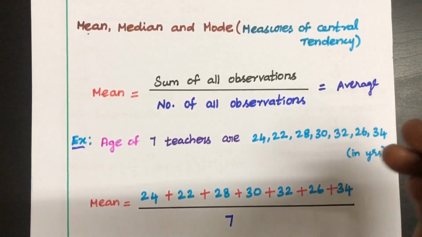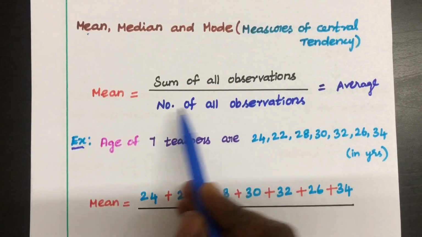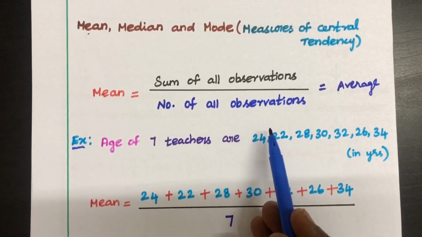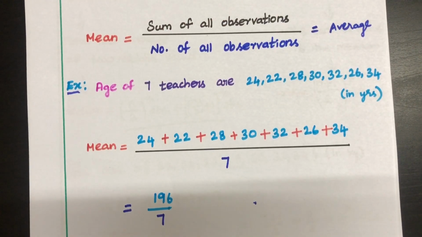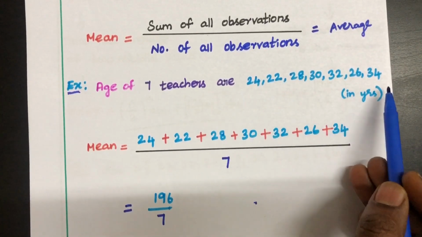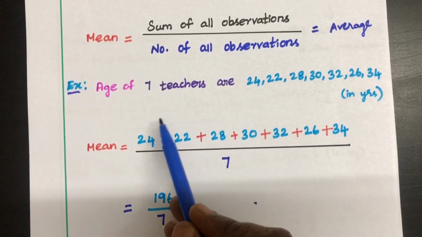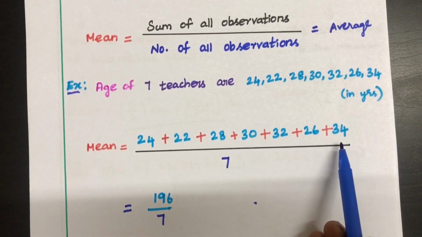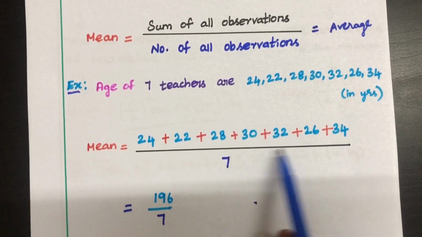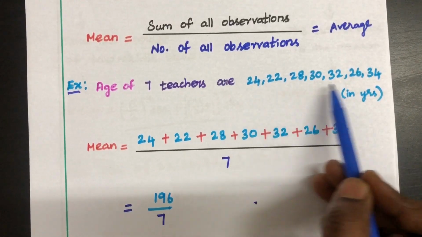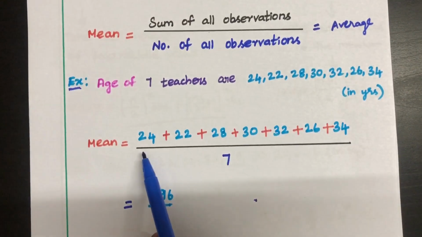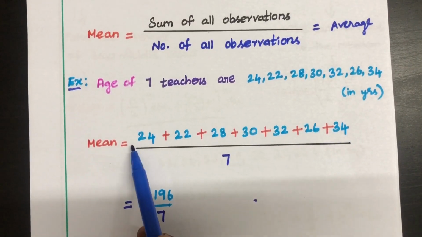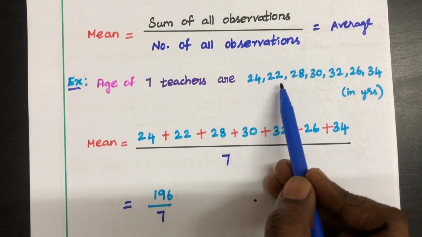We know average, right? Sum of all observations divided by the number of observations. Example, the ages of 7 teachers are given in years. So what is the mean? How to find it? We are going to add all the ages of the teachers and divide. That means sum of all the observations divided by the number of observations.